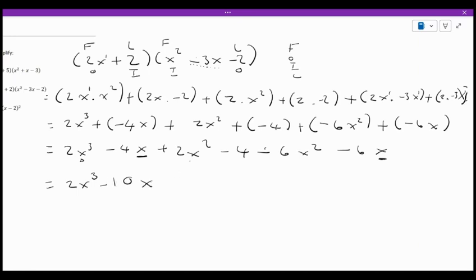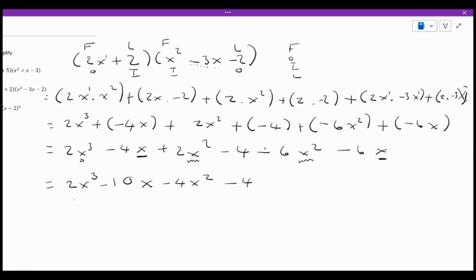Now we look at x squared. Going to mark it with our zigzag. X squared. We also have an x squared over here, which means we have to add these because they are like terms, same variables. Positive 2 minus 6x squared is just going to give us negative 4x squared. Then we carry this negative 4 down.